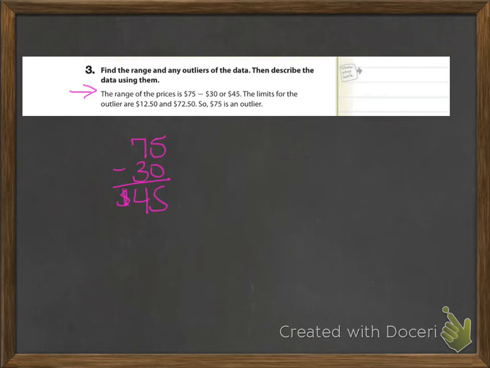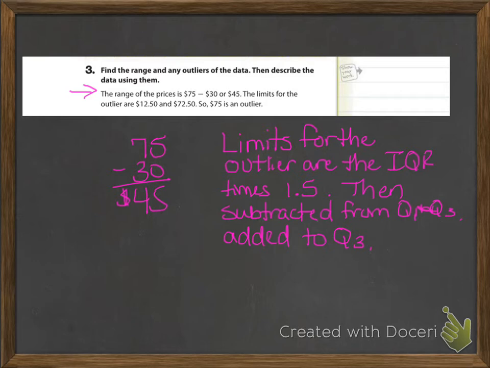And then it talks about the limits for the outlier. Let me talk to you about the limits for the outlier. If you remember, the limits for the outlier are found by finding the IQR, multiplying it by 1.5, then subtracting that number from the first quartile and adding it to the third quartile.